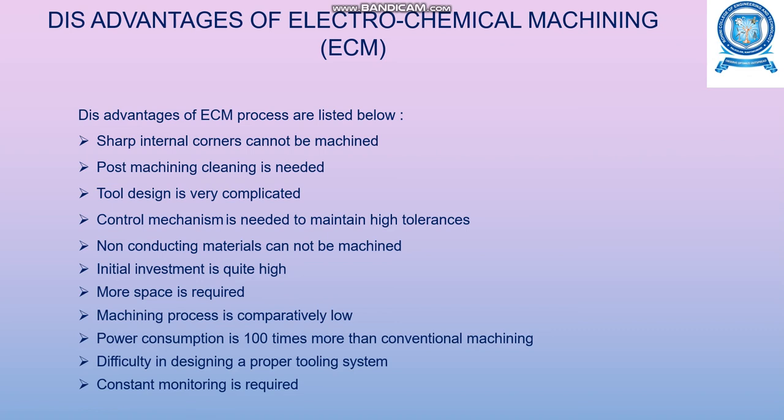And these are all the advantages. The disadvantages of electrochemical machining are listed as below. Sharp internal corners can't be machined here, post-machining cleaning is required, and the tool design is complicated. In order to maintain high tolerance, a control mechanism is required, and you can't machine non-conducting materials.